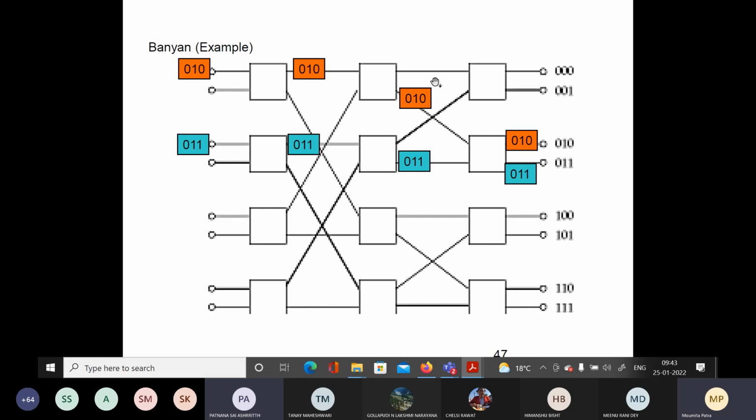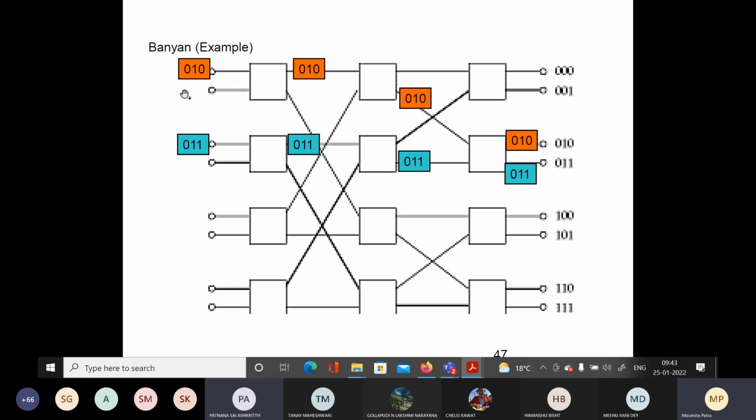So for all of these switches, this upper line will allow any packet which is having the binary bit 0 at that stage, and this is for 1. Again, this is for 0, this is for 1, like that, for each one of them, it works out. So that is fixed.